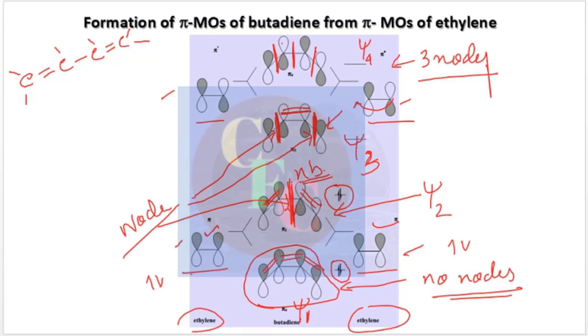Now see, that means the line of demarcation is here, right. So here is our barycenter, and below this barycenter we have our bonding orbitals, and above it are the anti-bonding orbitals. Okay, so this is how we construct the butadiene pi molecular orbitals.